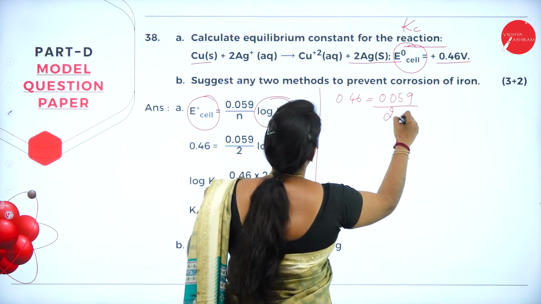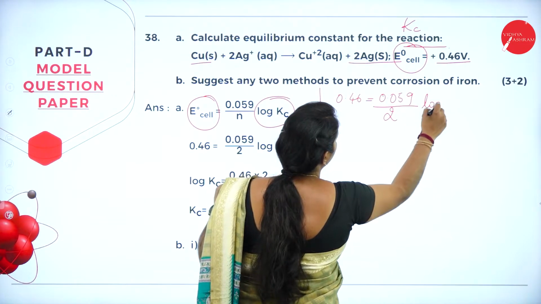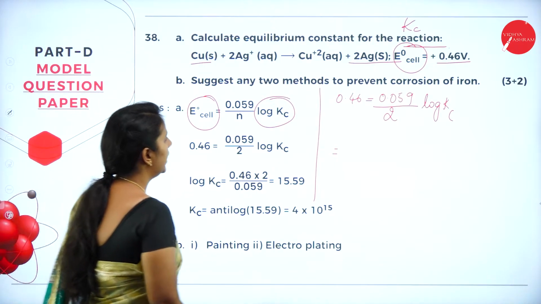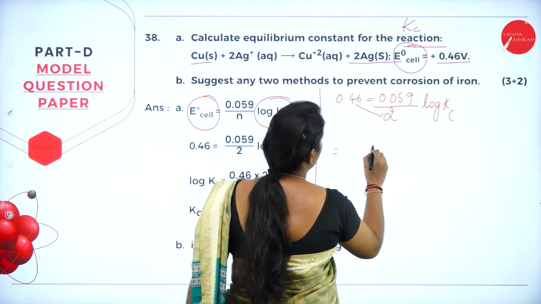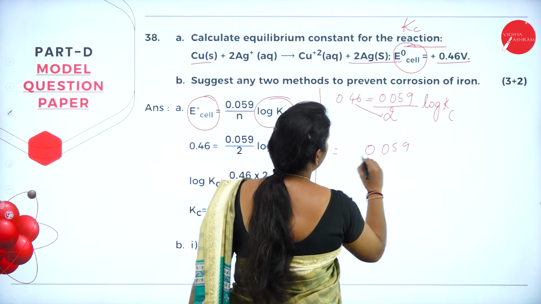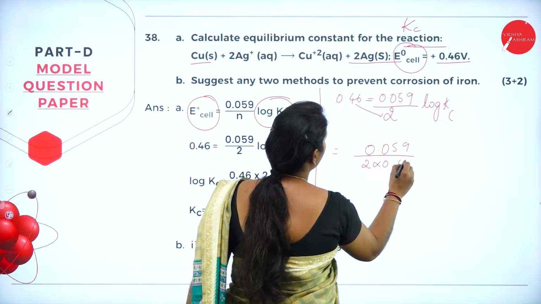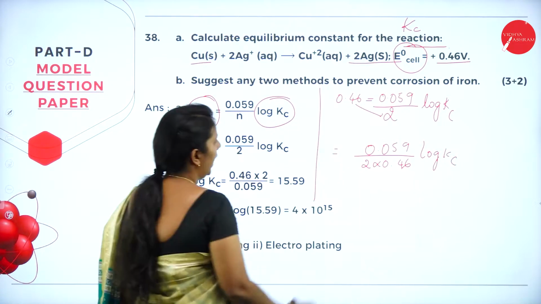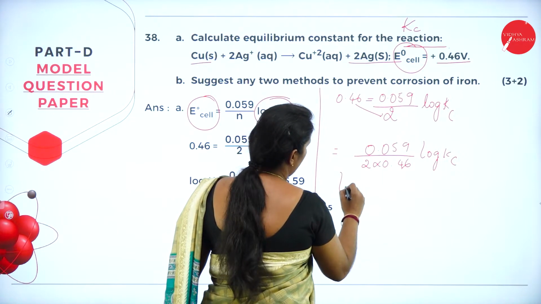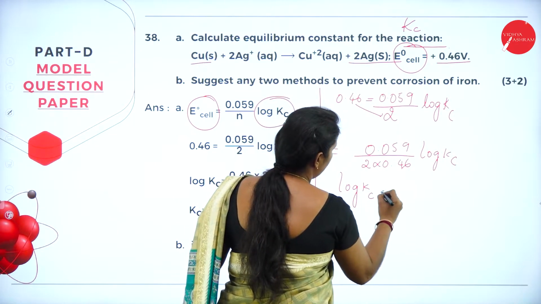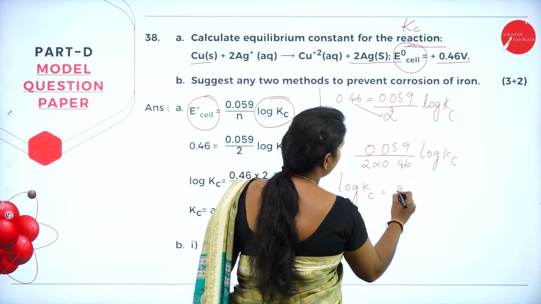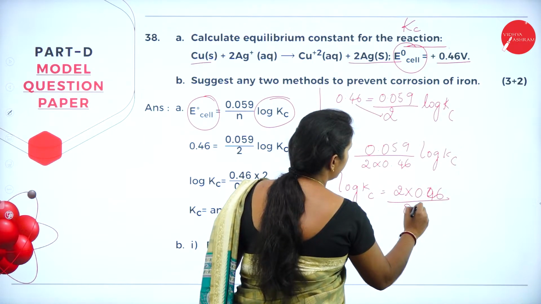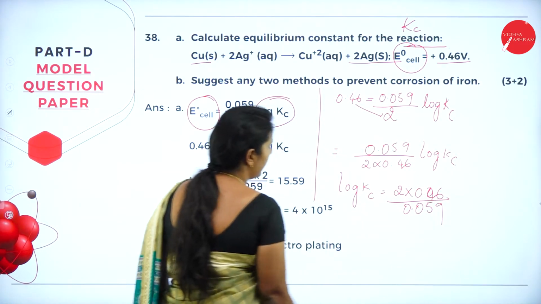It is 2, into log Kc. After cross multiplication, to take log Kc outside, the denominator goes to the numerator, giving 0.46 divided by 0.059 times 2.